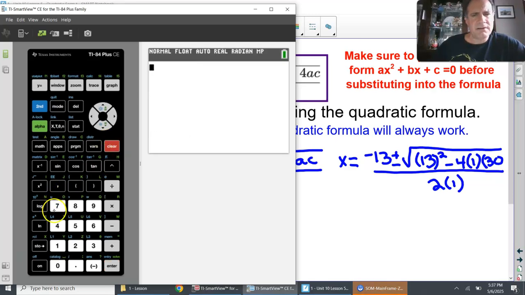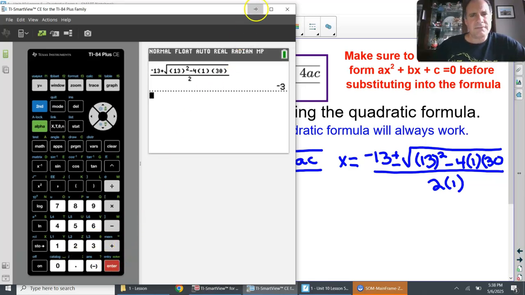Right? So now I'm going to bring the calculator up. I'm going to press clear. I'll put the alpha x first for a fraction. Negative 13, the plus sign, square root, 13 squared minus 4 times 1 times 30, and close those parentheses, and then 2 over 2.